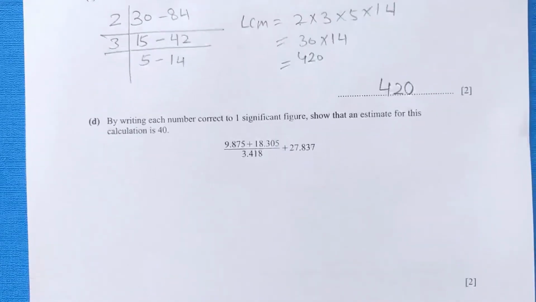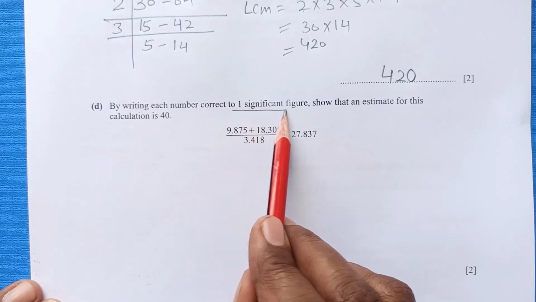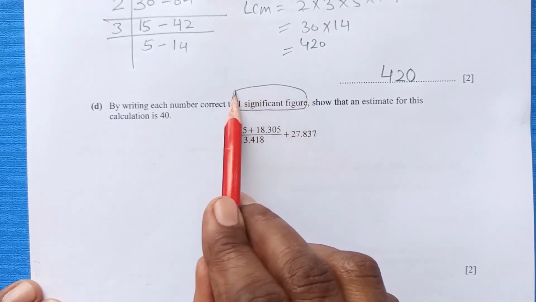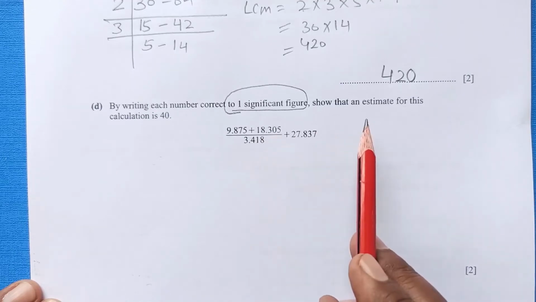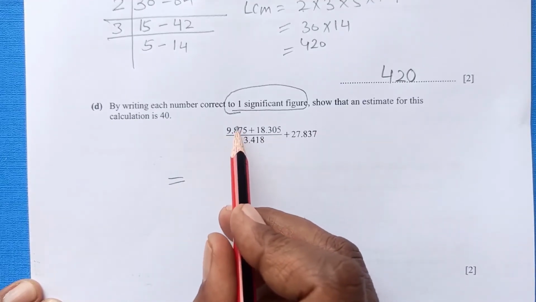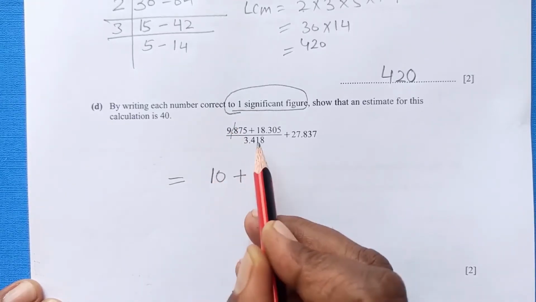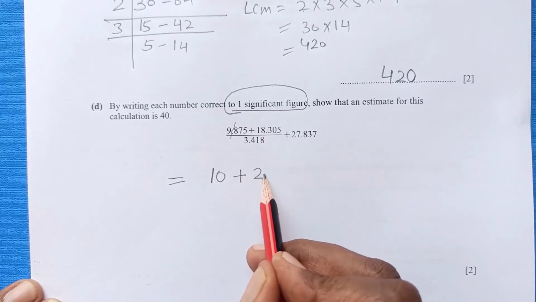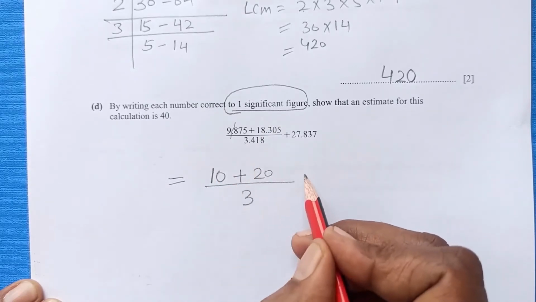Now part D. By writing each number correct to one significant figure. Remember, you need to write each to one significant figure first, then you are going to do the calculation. So this can be written as 10, 9 point something. This is 18, it's nearest to 20. And 3.4 can be written as 3.